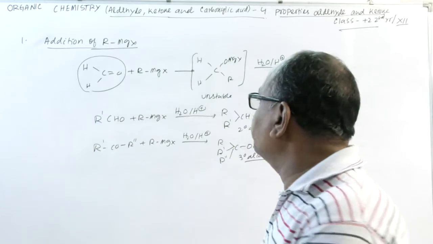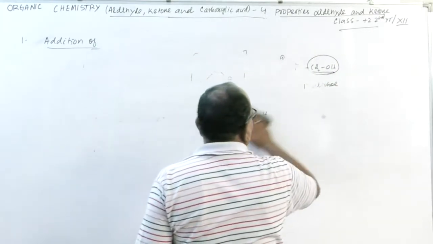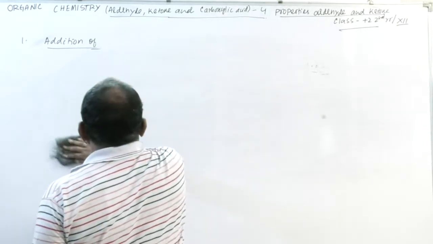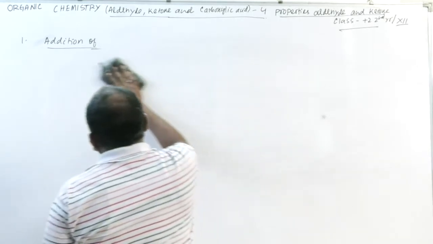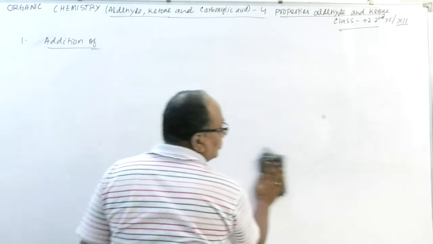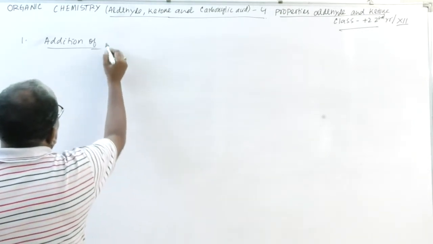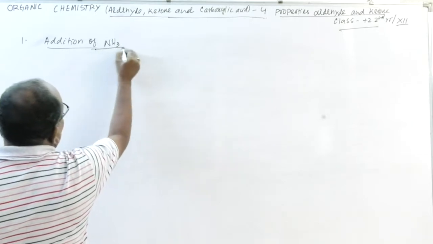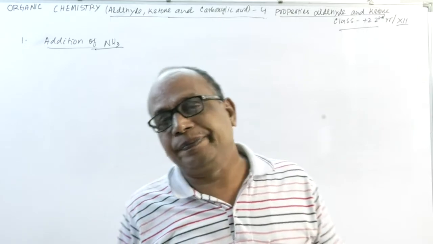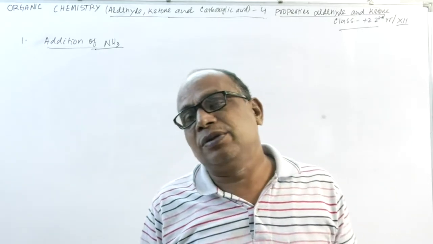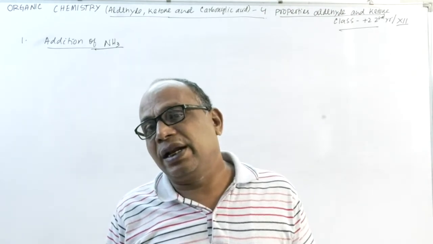Let's come to the addition of ammonia. So, what is ammonia? NH3. Ammonia reacts with aldehyde and ketone to give different products. Formaldehyde gives one type of compound, aldehyde gives another compound, ketone gives another type of compound.